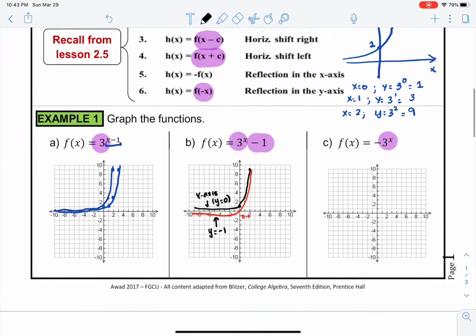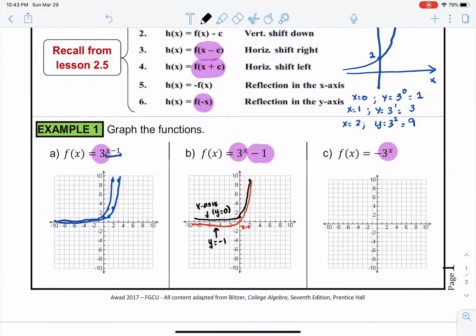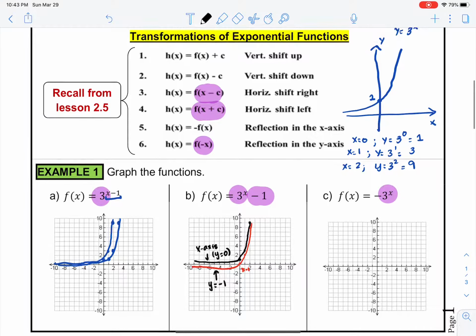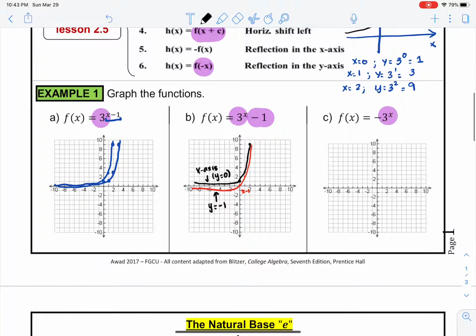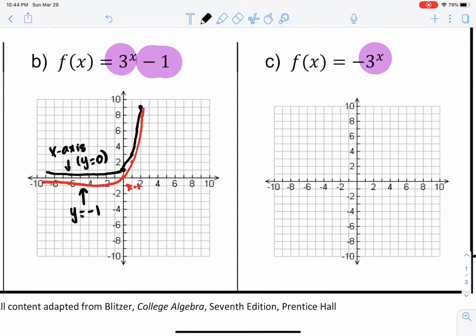So the next case is f of x equal to -3 raised to x, and the base function here is that. We know that if we multiply the base function by a negative, the curve is going to flip about the x-axis. So that is 1, 3, and 9.